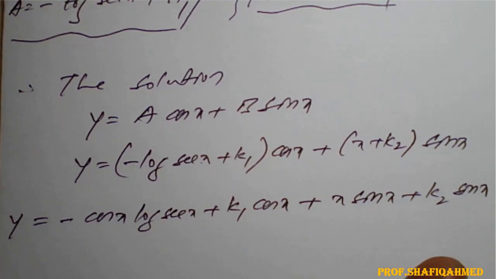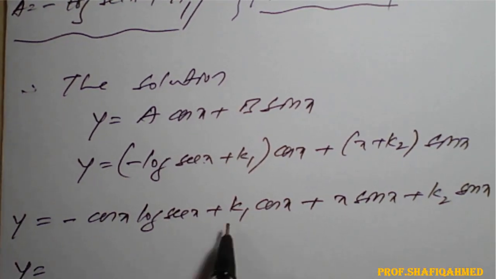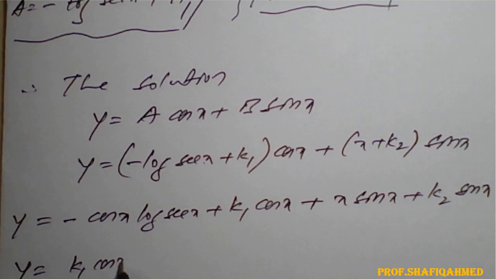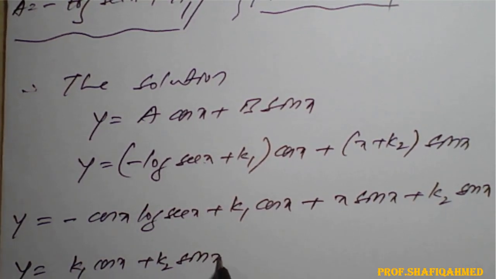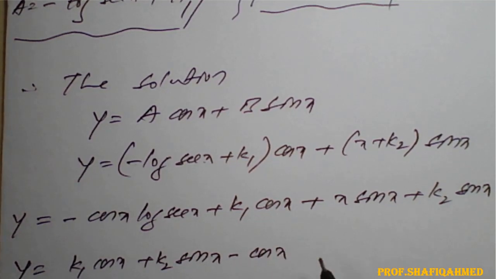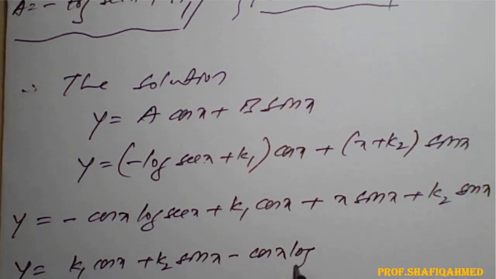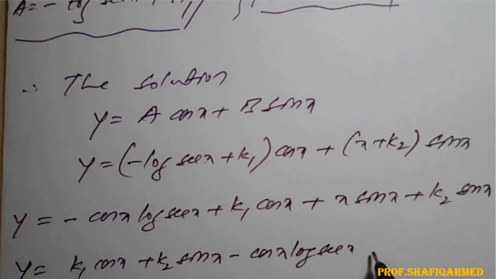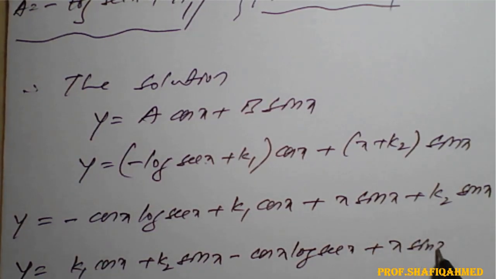So on rearrangement, y is equal to k1 cos x plus k2 sin x minus cos x into log of secant x plus x sin x.